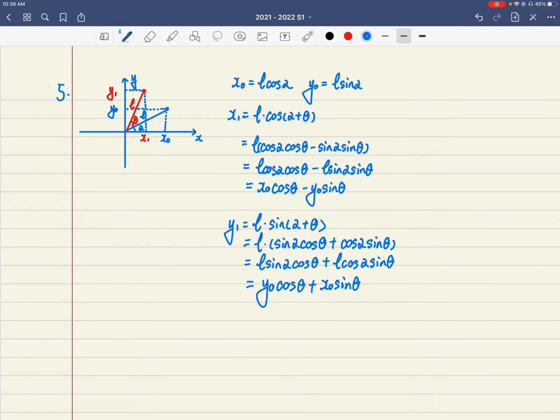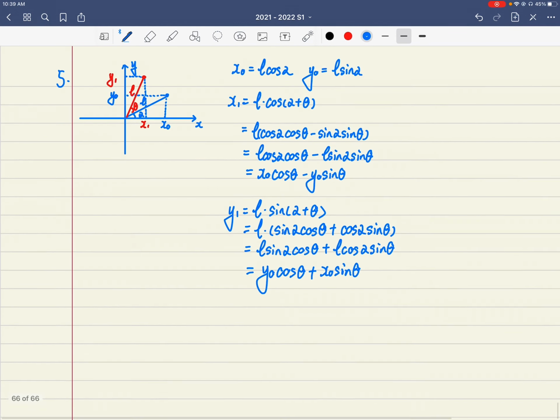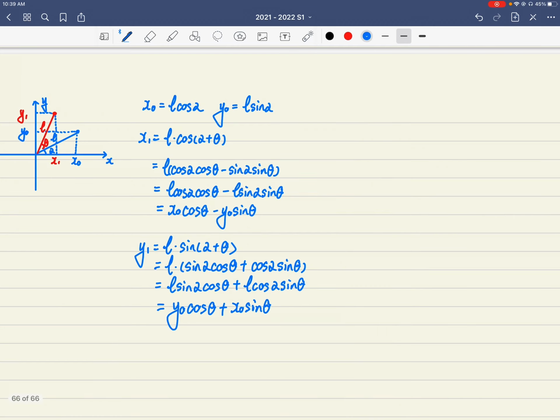So let's put them together. Your x1 is x naught cosine theta minus y naught sine theta. Your y1 is x naught sine theta plus y naught cosine theta.